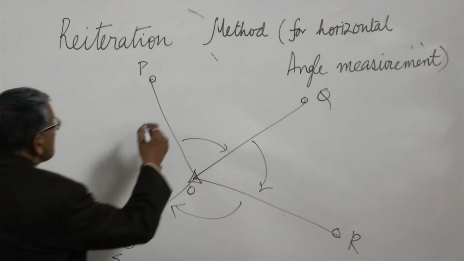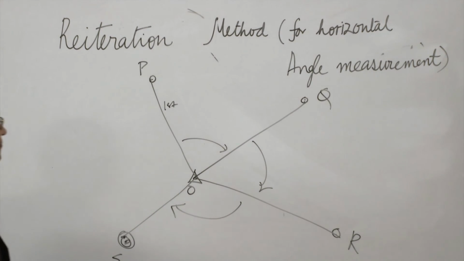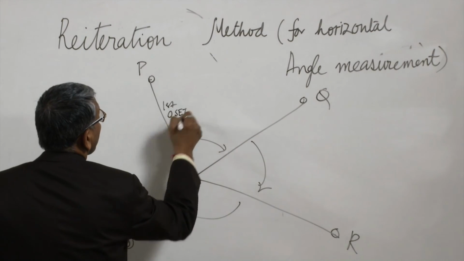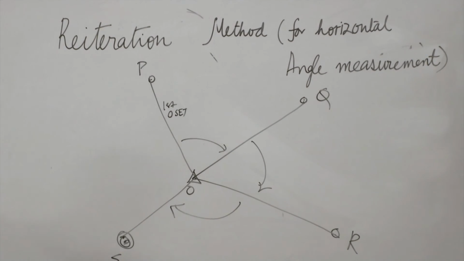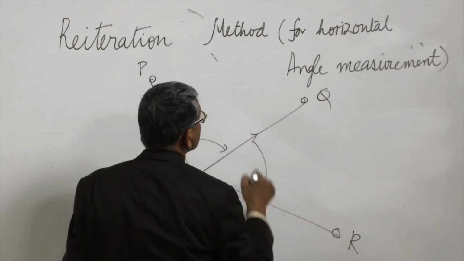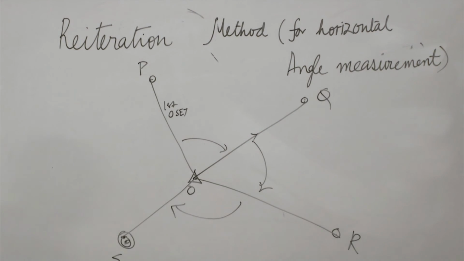What we do: first we bisect the object P and make the 0 set, and then we rotate the telescope to the right and bisect the object Q, and we get some value.